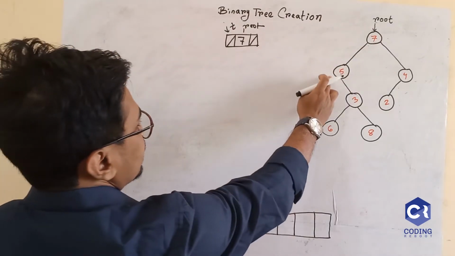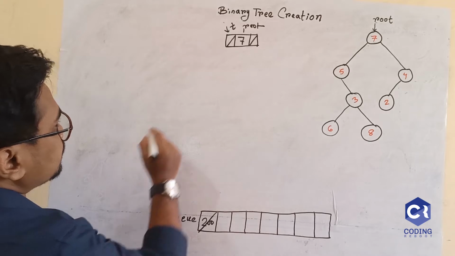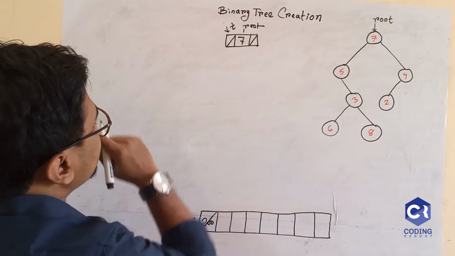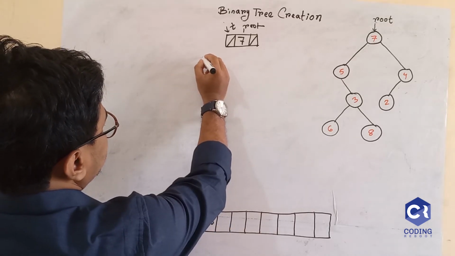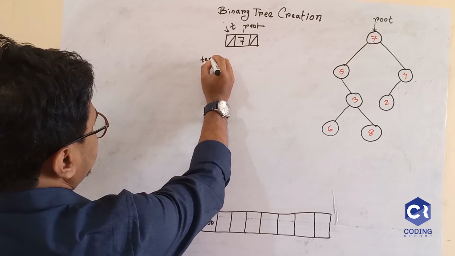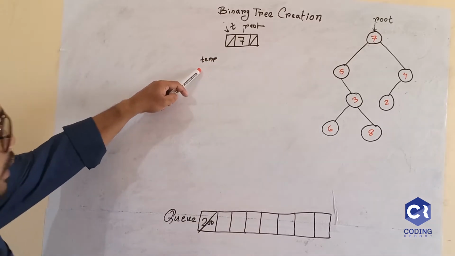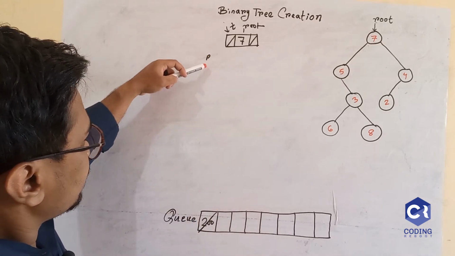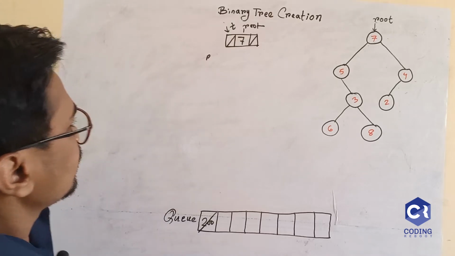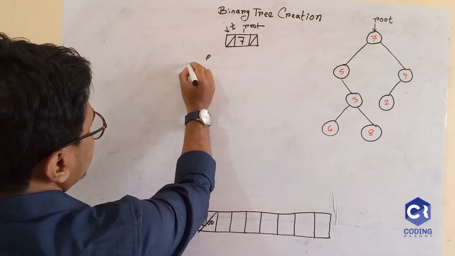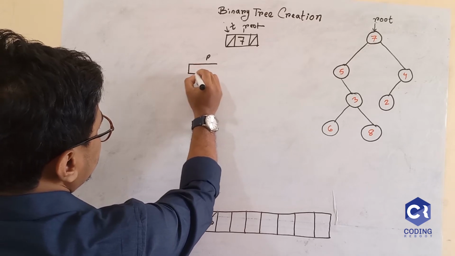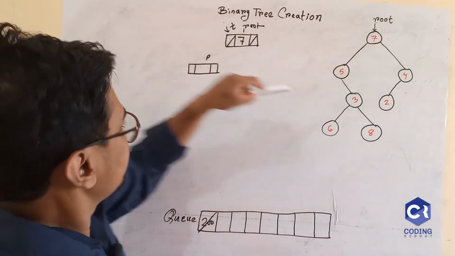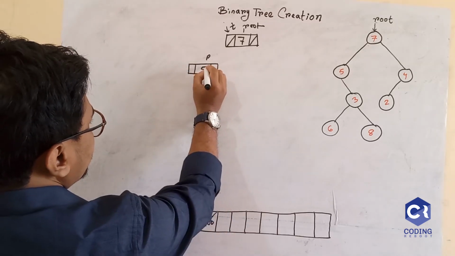So if there is a left child, then we are going to take another temporary pointer, that is P. Using this temporary pointer P, we're going to create a new node and insert that 5 into this new node.